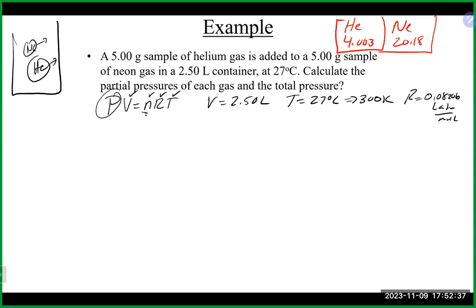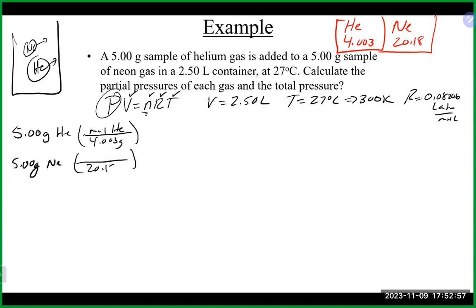So that's the first thing we want to do, really, is use the molar mass and convert each of these guys into moles. So we got 5 grams of helium. Using the molar mass from the periodic table, 4.003 grams per mole. We'll do the same thing for our other gas, which is our neon, and we'll do 20.18, it looks like, grams per mole.